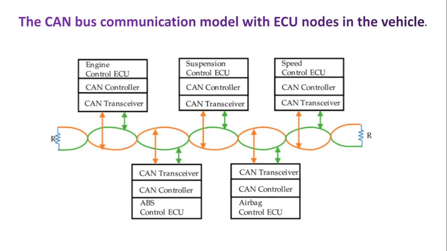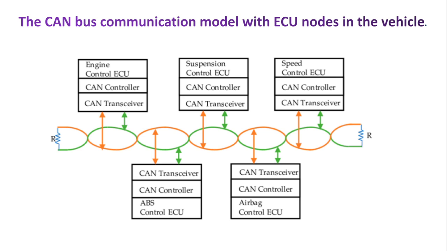Now the CAN bus communication model with ECU nodes in the vehicle. You can see this is the main cable, which is twisted, CAN high and CAN low, having a resistance at both ends, starting and ending. It is connected to each sub ECU.